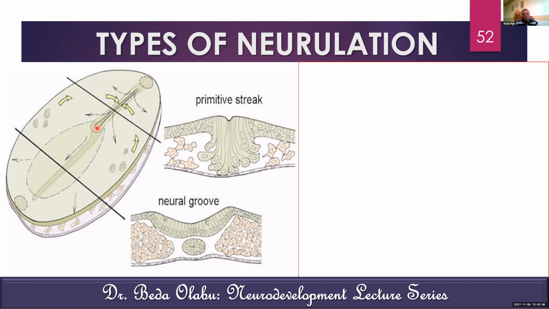From the primitive pit, that's where the notochord usually forms, and it goes cranially. And so the message here is that the notochord does not span the whole of the embryo. It is only present on the cranial part. And that is why if you take a cross-section of the cranial part, you see a notochord. But if you take a cross-section of the caudal part, we don't see a notochord.